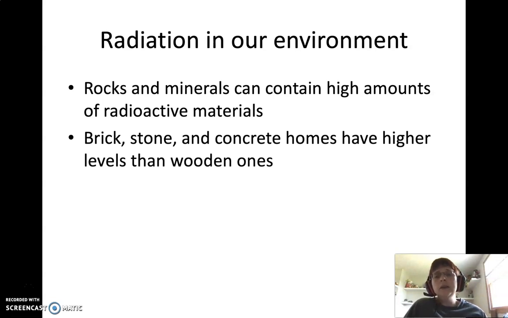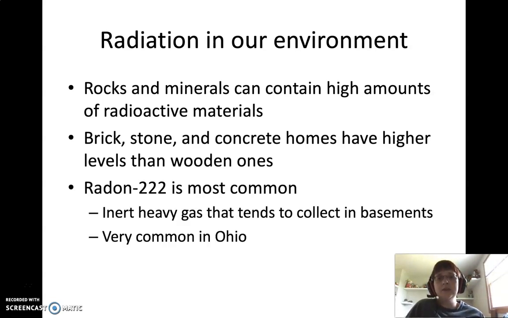And what we found is that brick, stone, and concrete homes are going to have higher levels of radioactivity than wooden ones because of this. Living organisms do absorb radiation, however, they have a very low amount of it, so that's why wood is going to have a low amount of radiation compared to these brick, stone, and concrete structures because they're going to contain these rocks and minerals that have these possible radioactive elements.